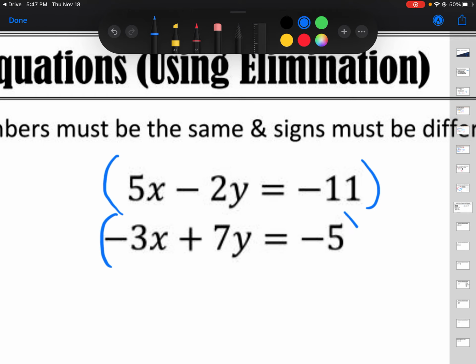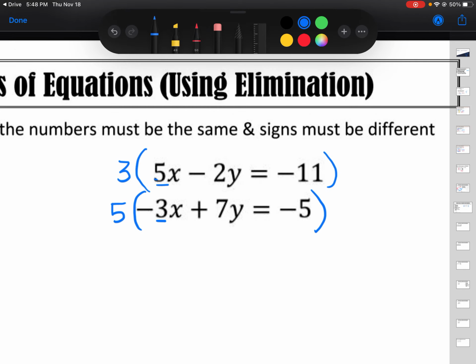If you eliminate the x's, we can make the x's into 15 and negative 15. For the y's, we could make it negative 14 and positive 14. So let's go ahead and eliminate the x's. To make this 5 into a 15, I'll multiply by 3. To make this 3 into a 15, I'll multiply by 5. And we want it to be negative 15.